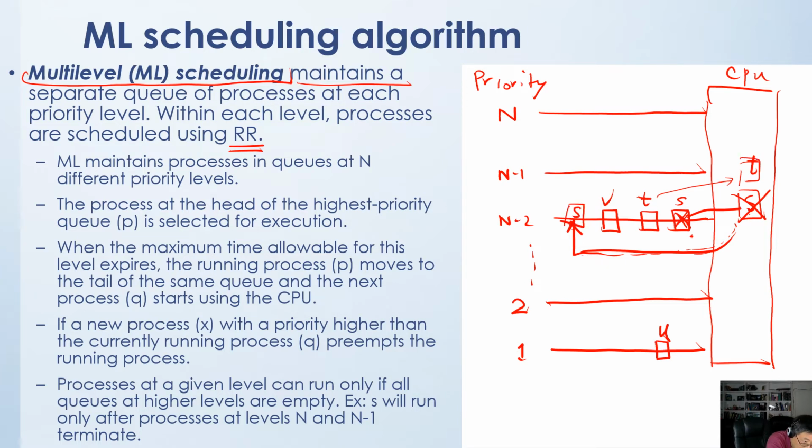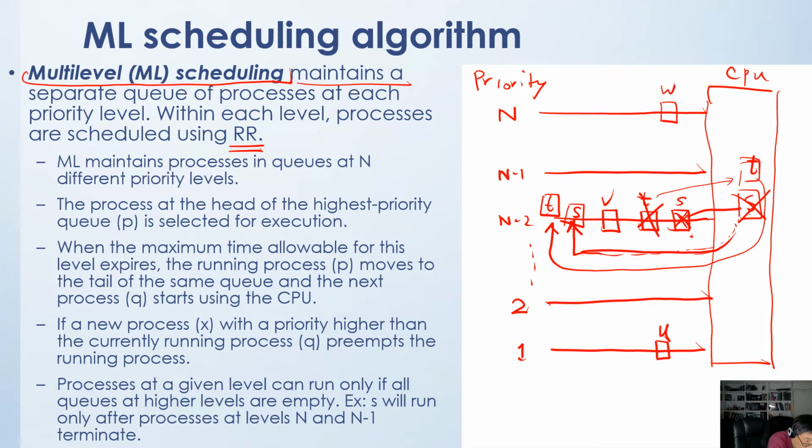And then when T finishes, T will be placed at the tail again. So this one is going to be removed. Okay. So as long as n-2 is the highest priority queue, the operating system's ML scheduling algorithm is going to continue to run that way until the operating system creates another process that has a higher priority.